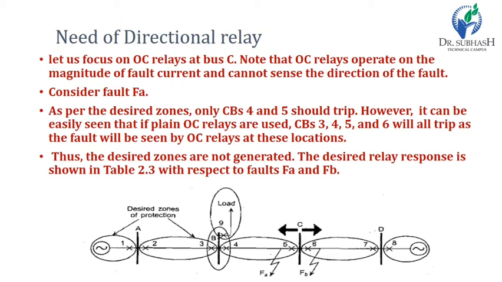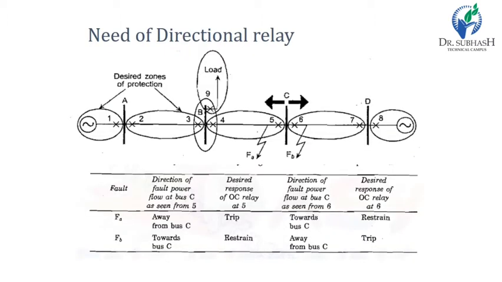We see the table where fault FA and fault FB, and circuit breakers 4, 5, 6, 7 tripped or not. For fault FA, consider the direction of fault power flow at bus C as seen from 5.